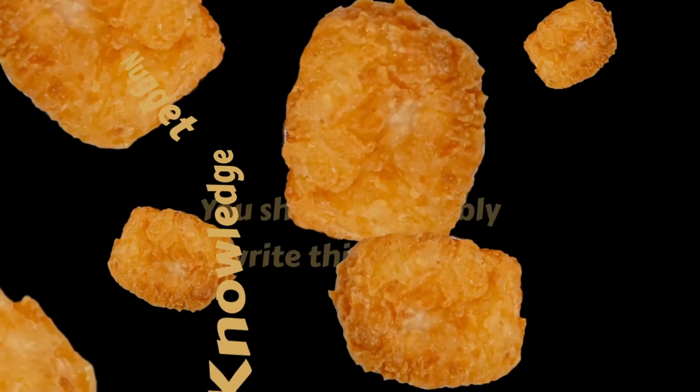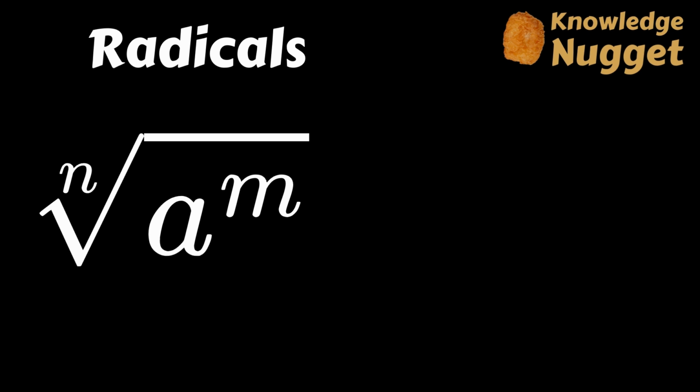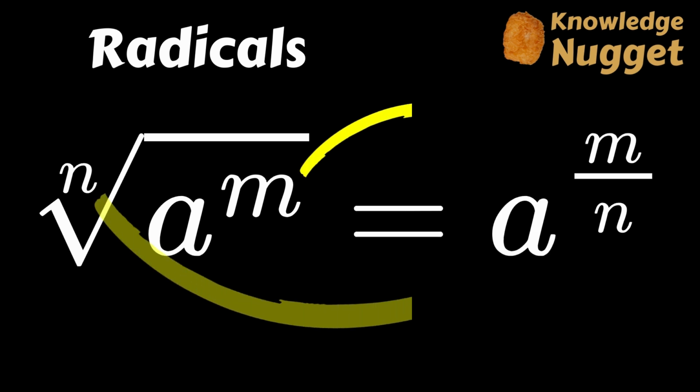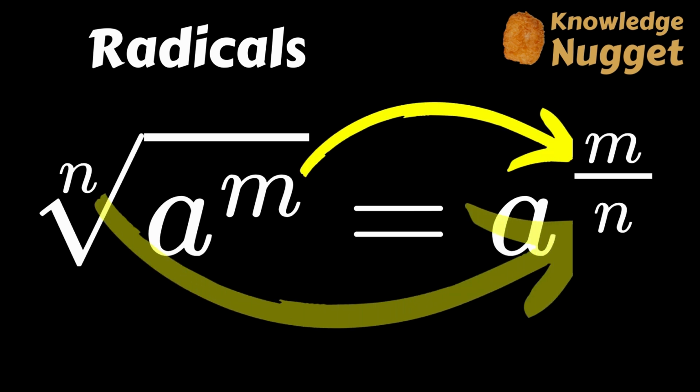Whenever you see a problem involving radicals like this one, you have to remember the rule for turning radicals into exponents. You should probably write this down. If you have the nth root of a to the m power, that is going to equal a to the m over n power.